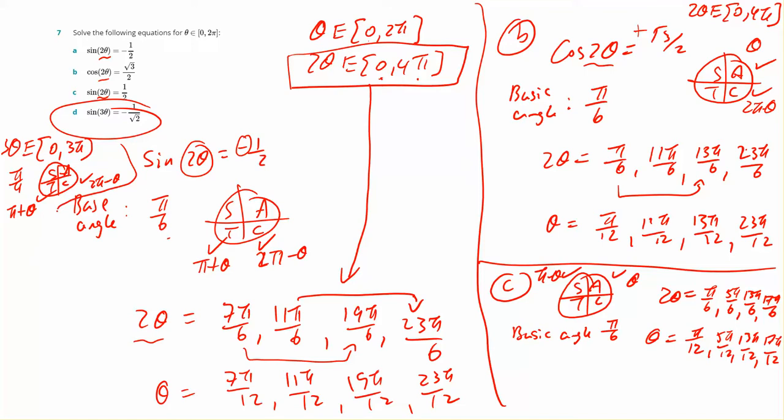So your solutions would be 3 theta equals, your first solution would be pi plus pi over 4, which is 5 pi over 4. Your next solution will be 7 pi over 4. Okay, keep going. 5 plus 8, 13 pi over 4.